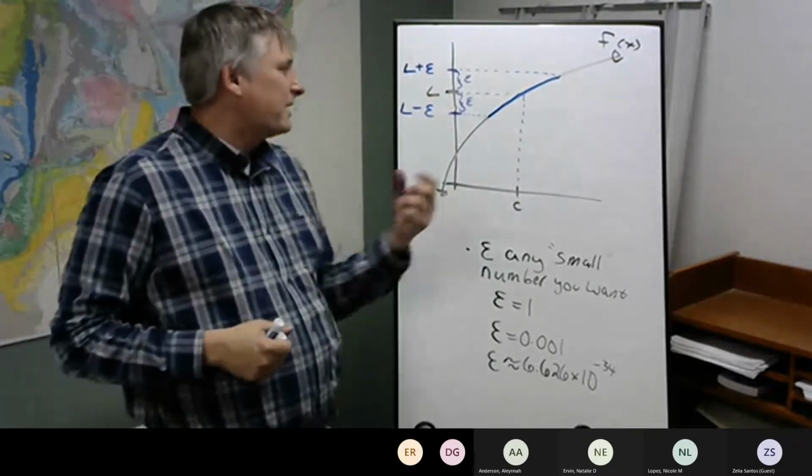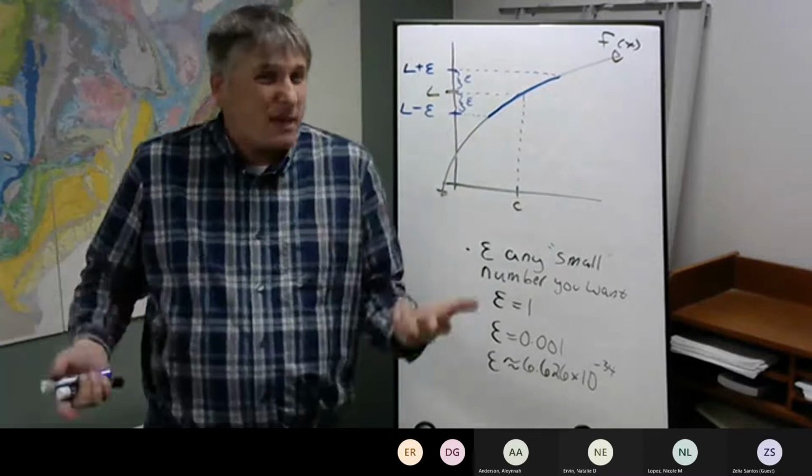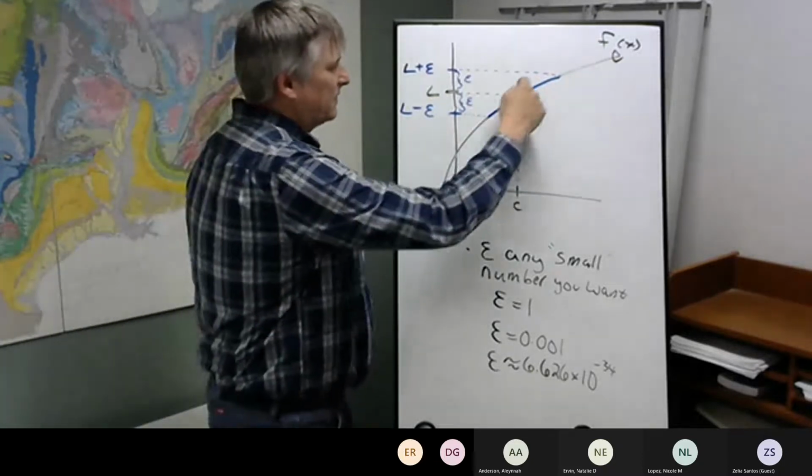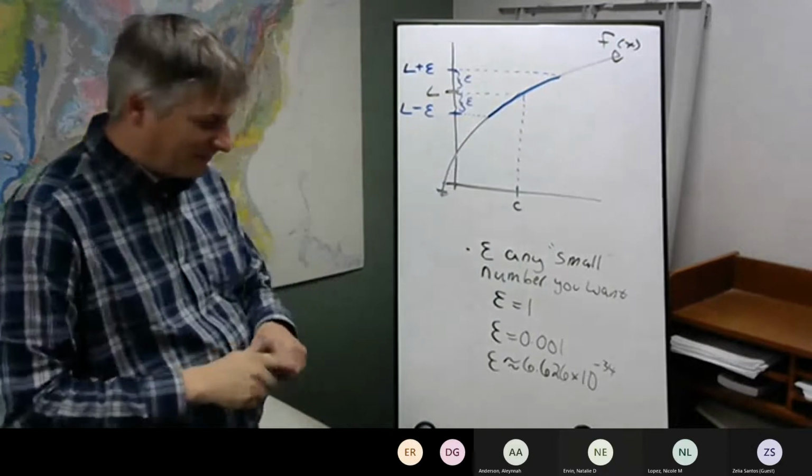If f of x is within epsilon units of our limit, f of x is somewhere in here or somewhere in there.